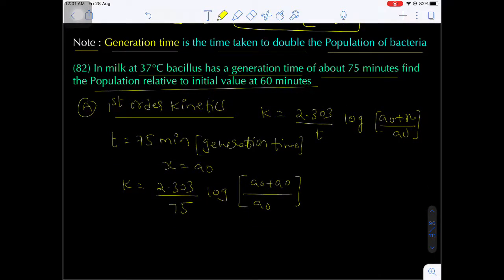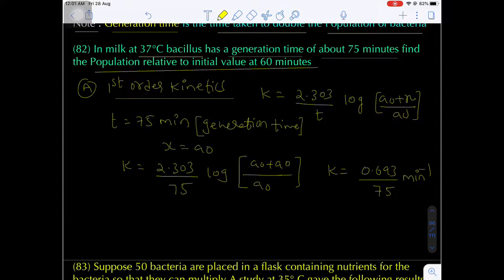Now from here the k value will be equal to 0.693 divided by 75, this is per minute. Okay, now the question is to find the population relative to the initial value at 60 minutes. At 60 minutes, I want to calculate the relative population.